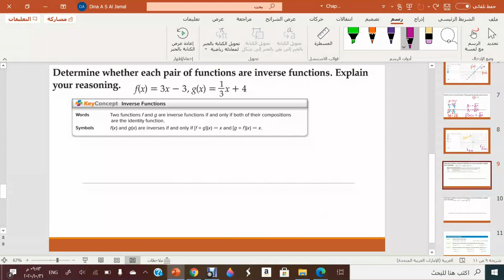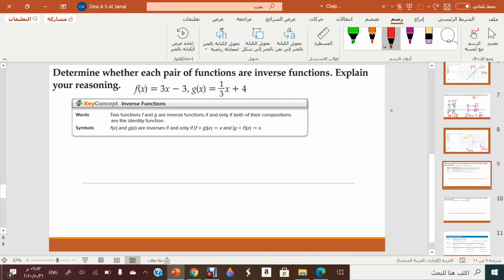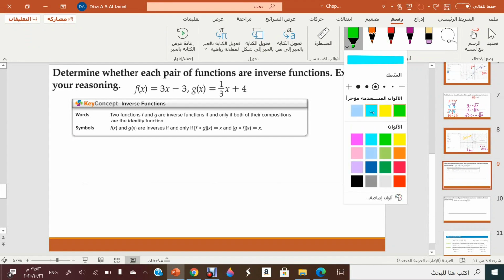Now, how can I check each pair given to me? What if I don't know whether they are inverses or not? Then you have to focus on this information.